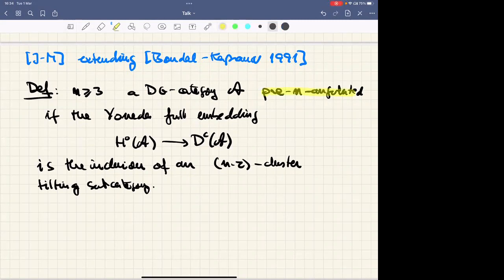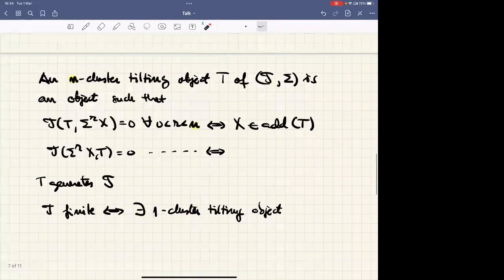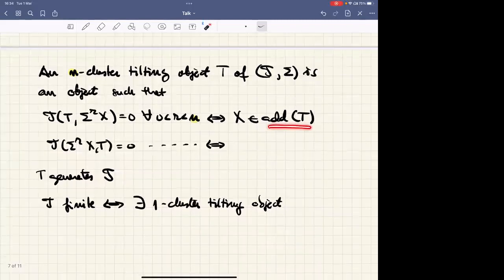So we have talked about cluster tilting objects, not about cluster tilting subcategories. But the general notion of a cluster tilting subcategory just encodes the properties of the additive completion of an n-cluster tilting object. So it's not really worth defining the general notion.